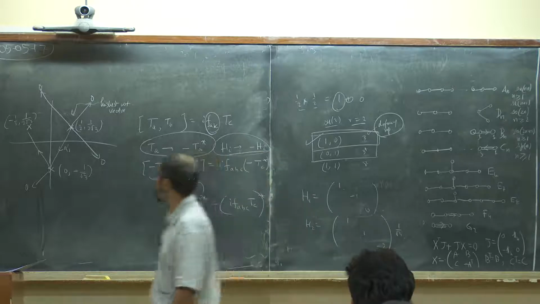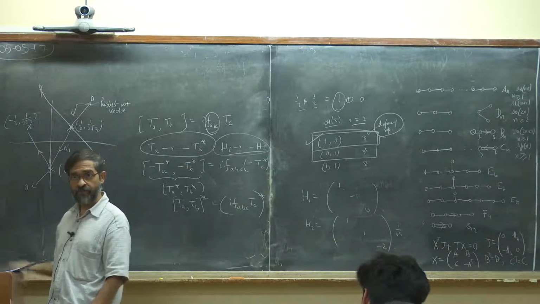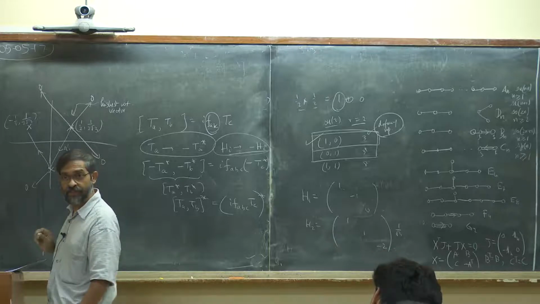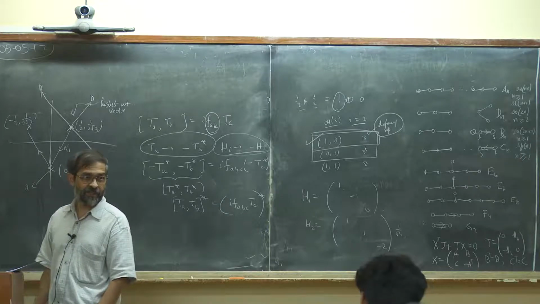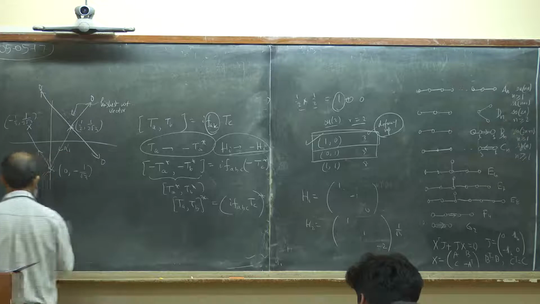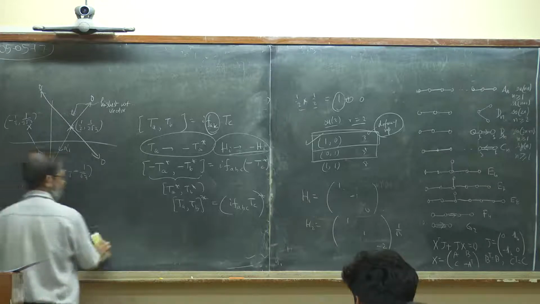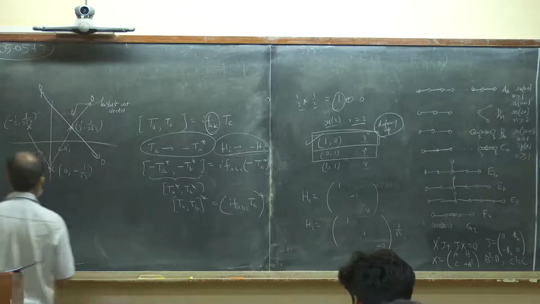Okay. So if this is the diagram for some representation, the flipped diagram would be the weights of the other representation, the complex conjugate representation.